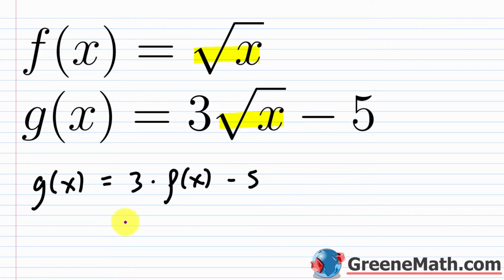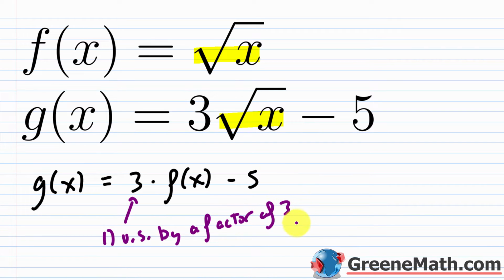In other words, you would do the vertical stretch by a factor of 3 first, and then the shift down by 5 units second. That would be the correct order here.